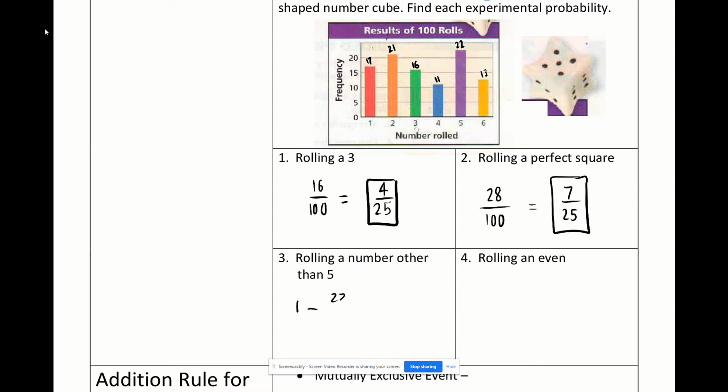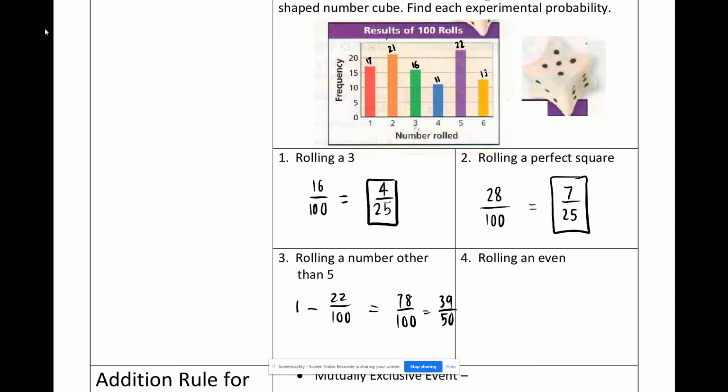Well, there's 22 out of 100, right? So if I want to find the ones that are not 5, I'm going to subtract 22 out of 100 from 1. And of course, that's going to be 78 out of 100. Let me type this in real quick. 78 over 100 will reduce down to 39 over 50.